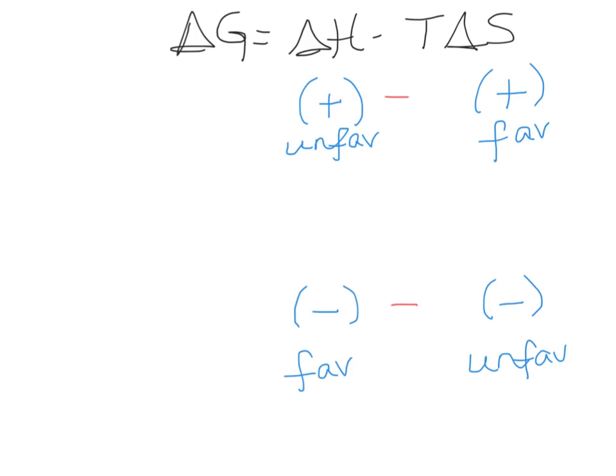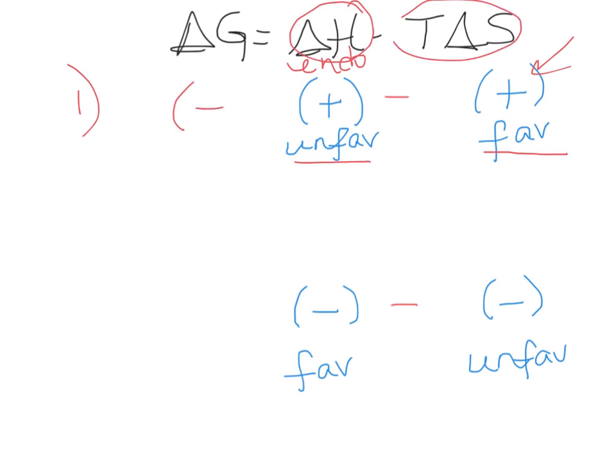All right, so here we go. Let's look at the first situation where enthalpy is unfavorable. In other words, it's endothermic. And entropy is favorable, with a mathematical sign of plus. Which of these terms do we want to dominate if delta G, the free energy, is to be favorable? That is, with a negative sign.